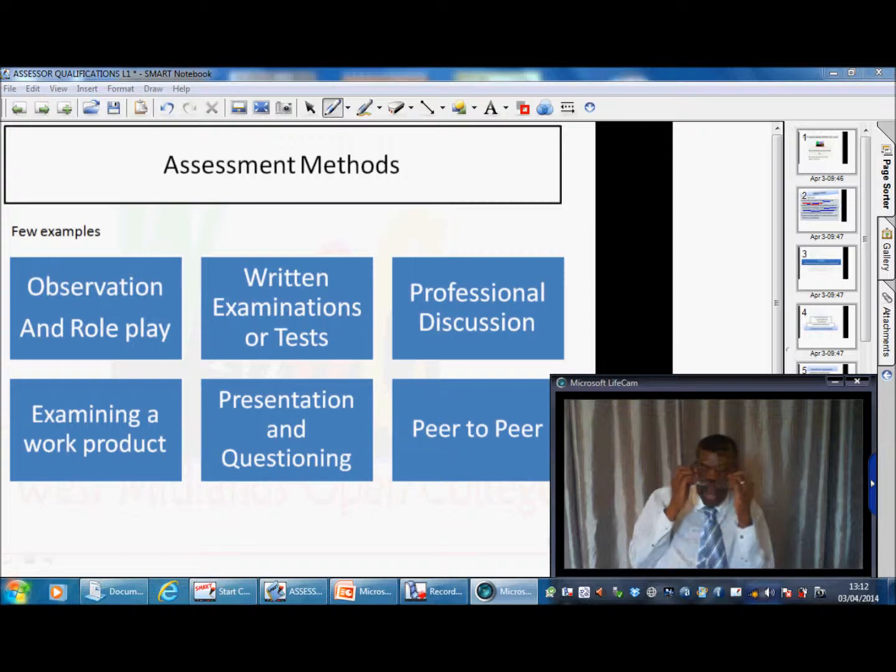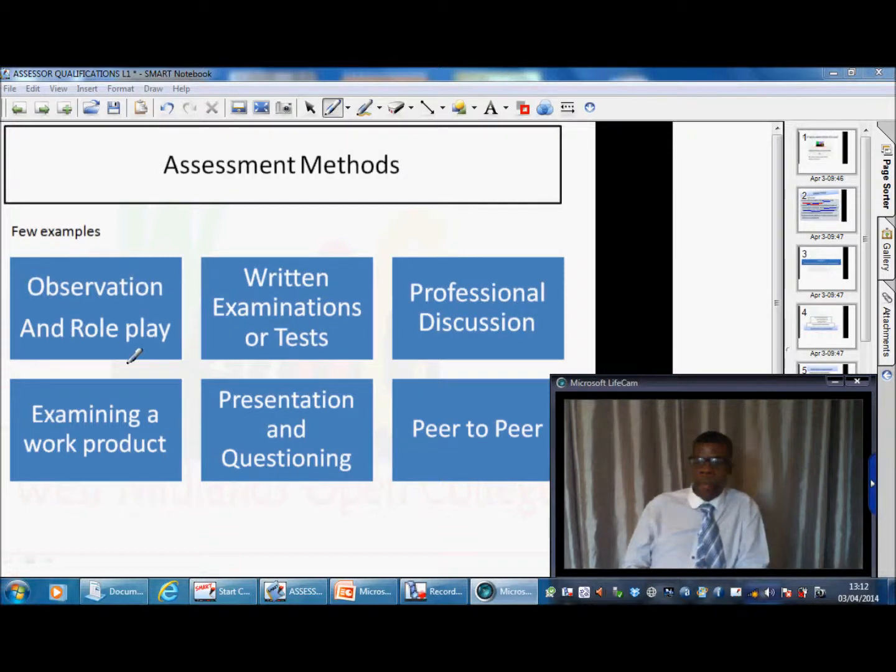There are a number of methods: observation and role play, written examinations or tests, professional discussion, examining a work product, presentation and questioning, and also peer-to-peer assessment.